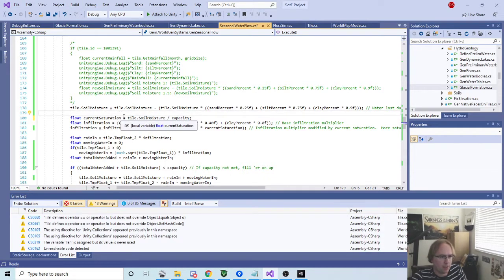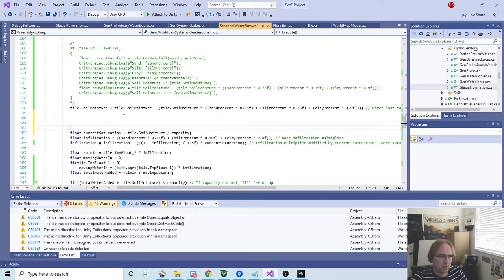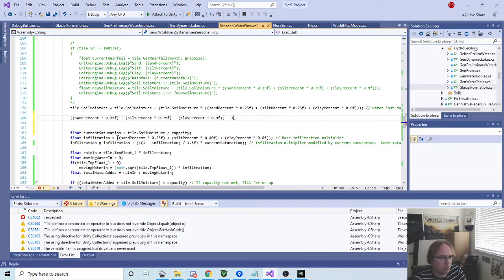First off, let's figure out this subsoil drainage issue while it's on our minds. So we should take this value, which is effectively a percentage.